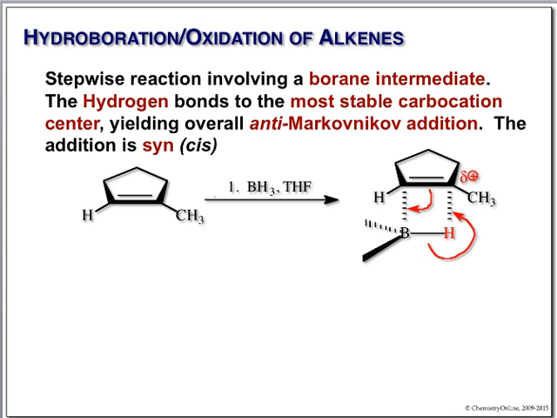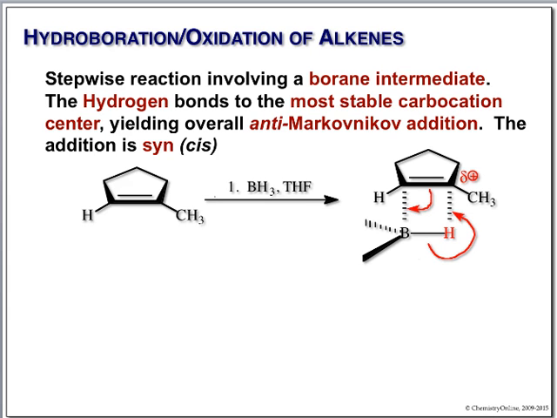And when it does, we're going to transfer the moral equivalent of H minus to one carbon, and boron to the adjacent carbon. This is a concerted reaction. That means that both of these things happen at the same time. Okay? Not stepwise, concerted.